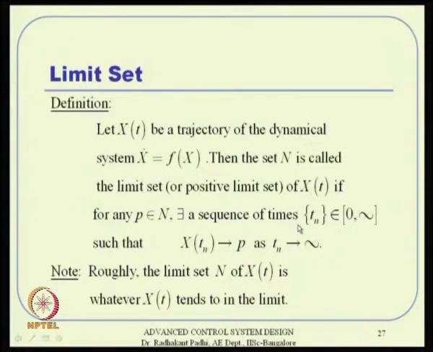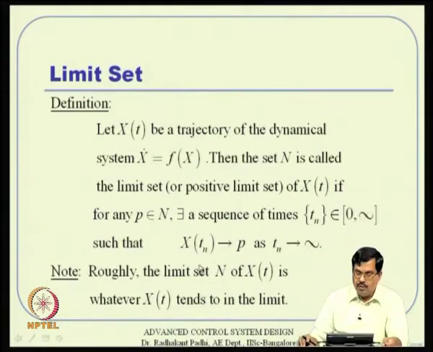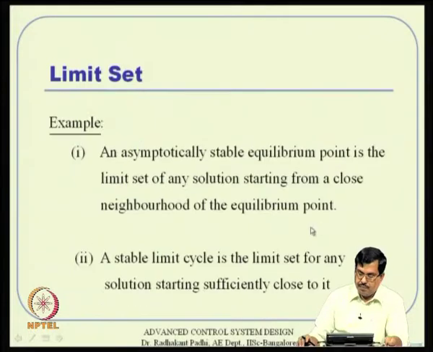Now, the limit set is the set that x of t tends to in the limit. It starts with something, but as t goes to infinity, all trajectories will go to that particular set. That particular thing is called a limit set. For example, an asymptotically stable equilibrium point is a limit set for any solution starting from a closed neighborhood of the equilibrium point.